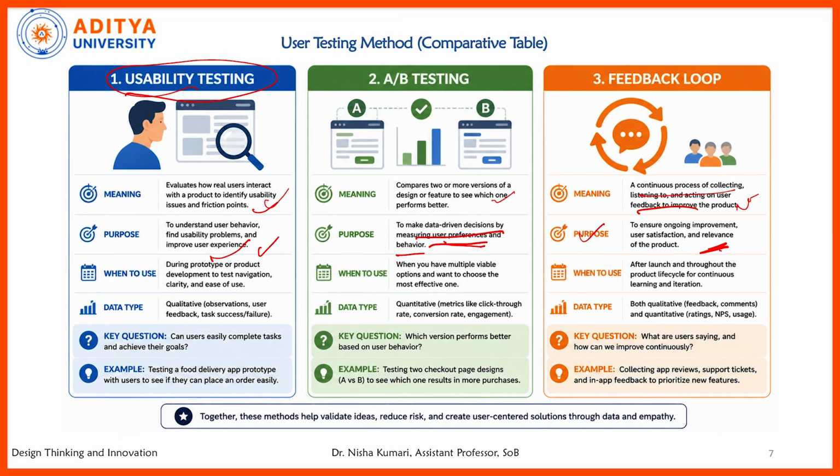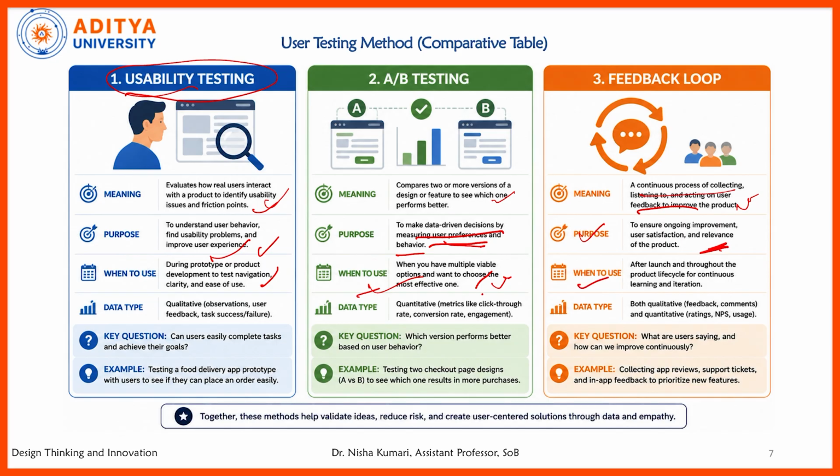We use usability testing at the time of prototyping or product development, which means the initial stage. We use A/B testing once we have implemented the product, to increase its impact on the users. We come up with different variations so that we get to know that if these changes are made in our existing product, these are the impacts we are going to get.